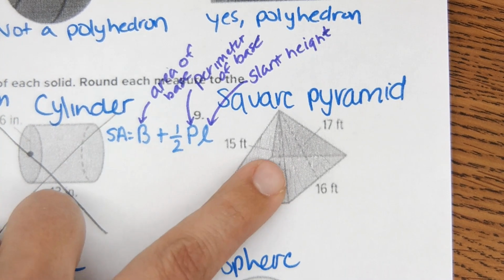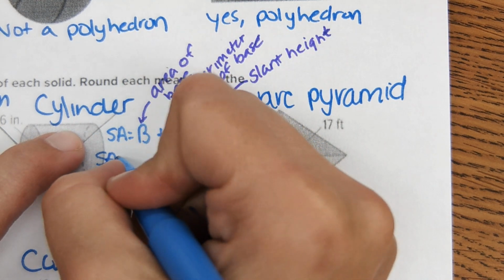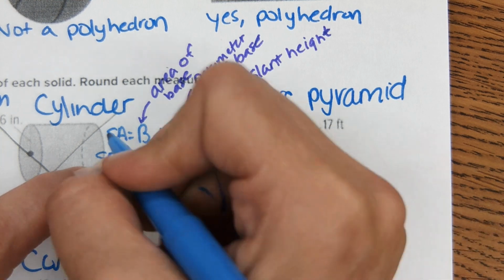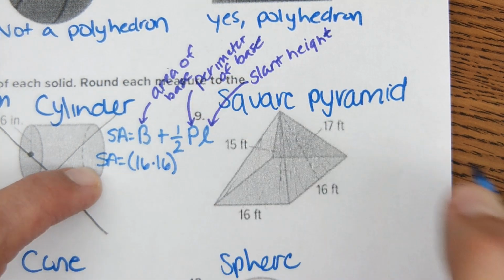Okay, so from here, I'm going to start plugging in numbers. Surface area equals area of the base. It's a square. I can see that's 16 by 16. So to find the area of that square, I would just do 16 times 16.